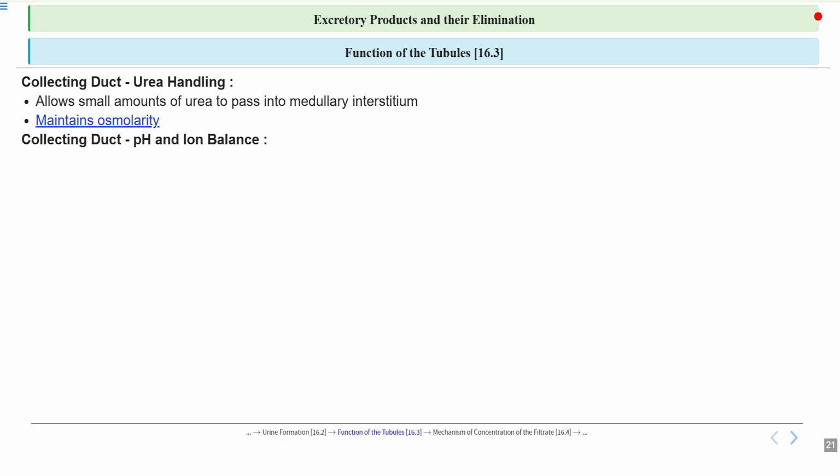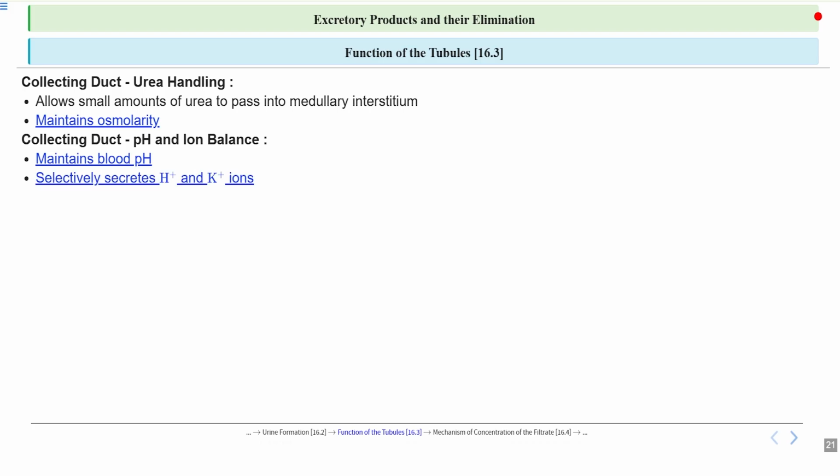Now let's focus on another important function, how the collecting duct helps regulate pH and ion balance. This is the body's way of making sure the chemical environment in our blood stays just right for all our cells to work properly. So one key job here is maintaining blood pH. The collecting duct can adjust the acidity or alkalinity of the blood.